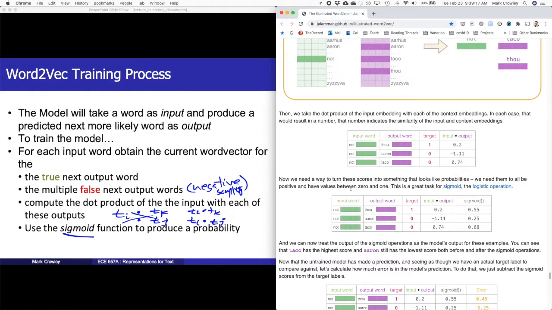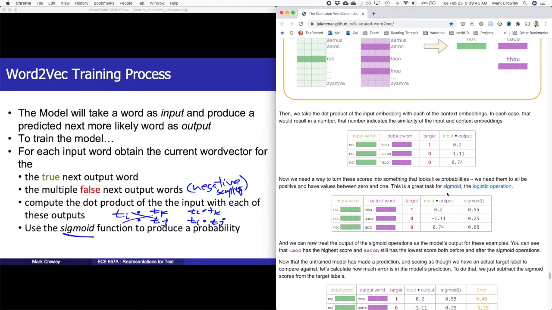So he's got the calculations shown here too for some example, right? So the input word was not, and then the output words were these other words that could show up in the text, not thou, was the correct thing. And so you take the dot product and you get some score, right? You get an actual magnitude. How likely is that? How big is that magnitude of the vector?